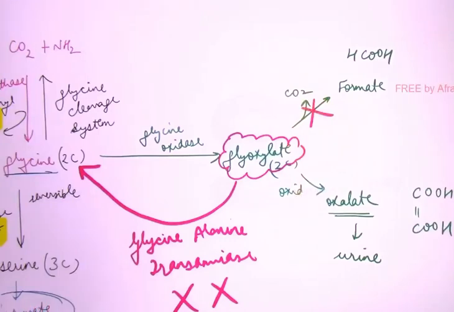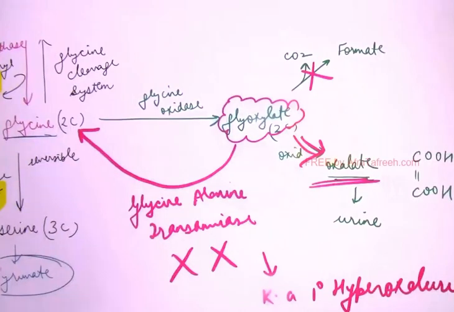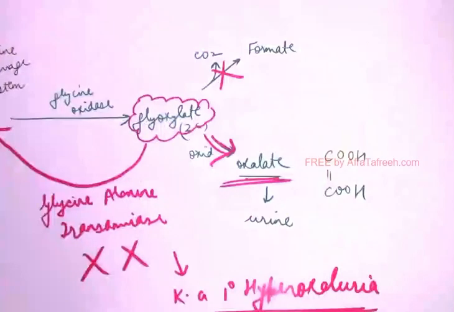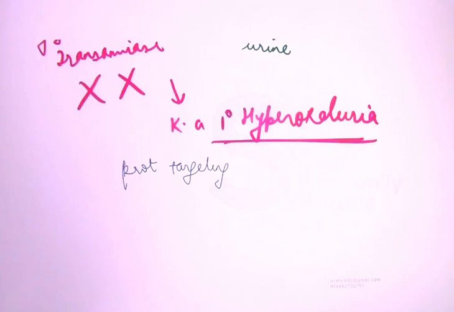Then you can see here that excess of glyoxylate will be forming excess of oxalate, and this is known as primary hyperoxaluria. Primary hyperoxaluria is actually a protein targeting disorder.